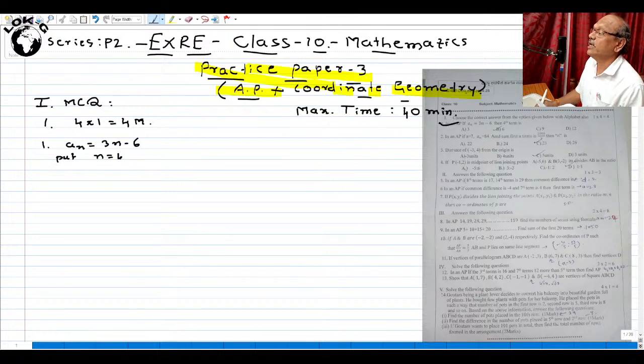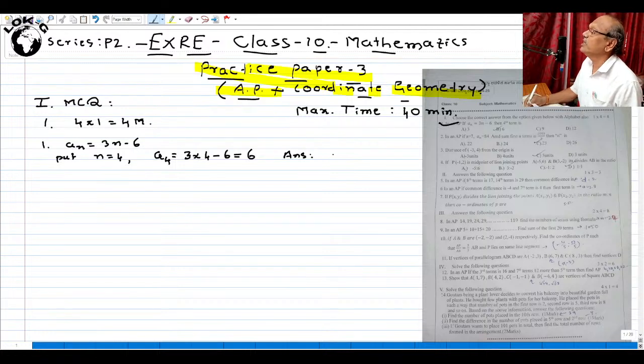Definition of the nth term of an AP is given. When you put n is equal to 4, it is a very easy question, just a substitution type of problem. Wherever there is n, you put 4: 3 times 4 is 12, minus 6 is 6. Therefore, the correct answer is B, that is 6.